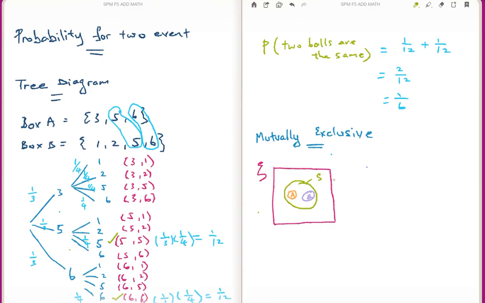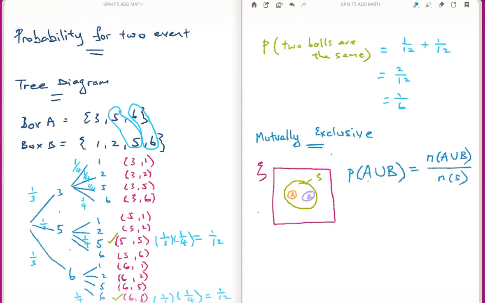Mutually exclusive means A and B is 0. If you want to find the possibility of A union B, A or B, that will be the number of A union B over the total number of the sample.